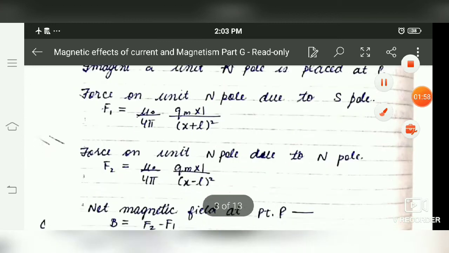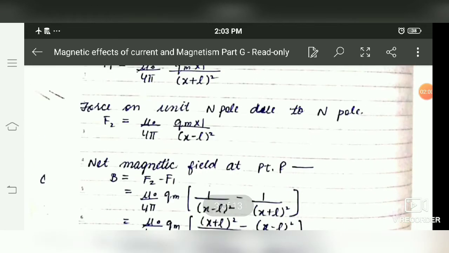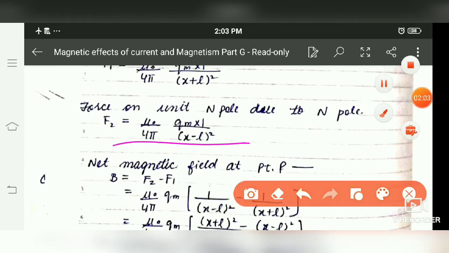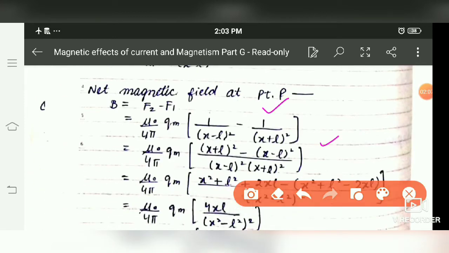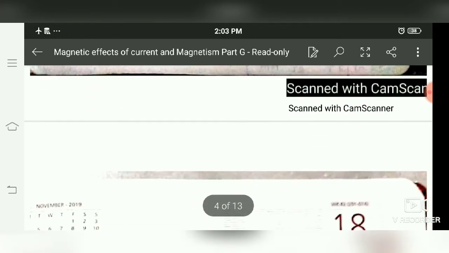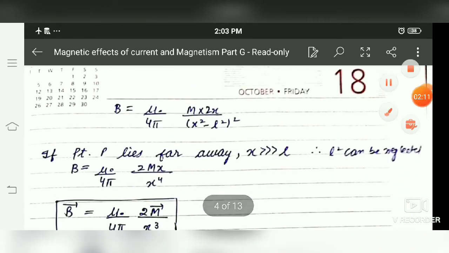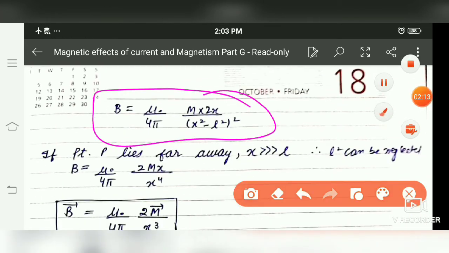And due to north and north, it is this much. As both are opposite in direction, we subtract them, and by solving these terms we get a relation. So this is the magnetic field due to the magnetic dipole on the axial line.